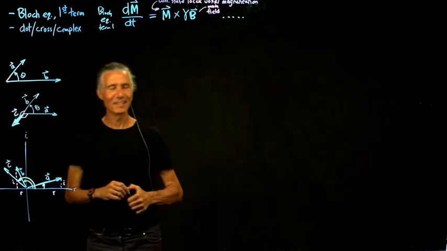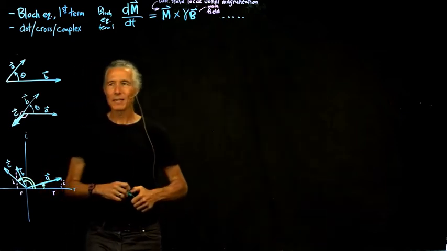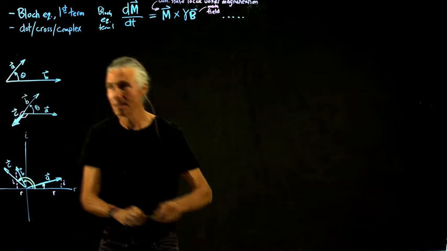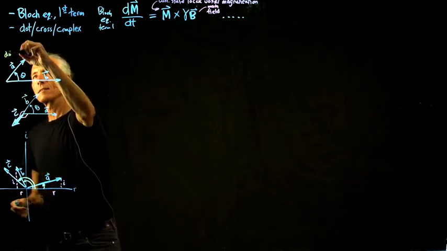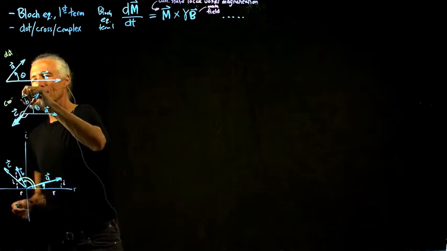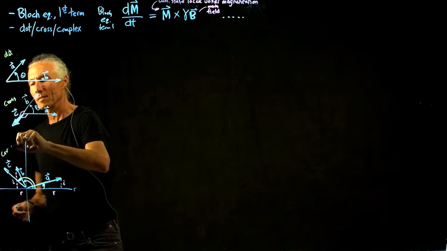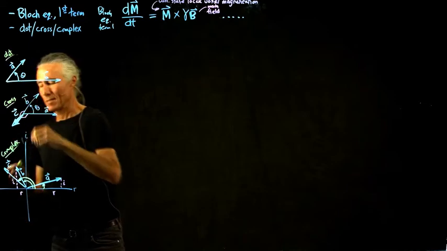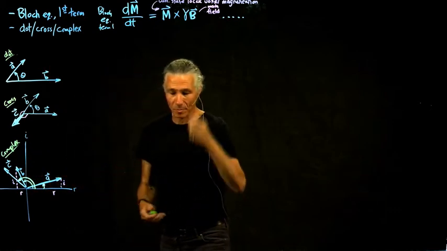Okay, excellent. So I'll say one thing. You can see this is a dot cross complex. One thing you can see is that the cross product has something to do with the projection.